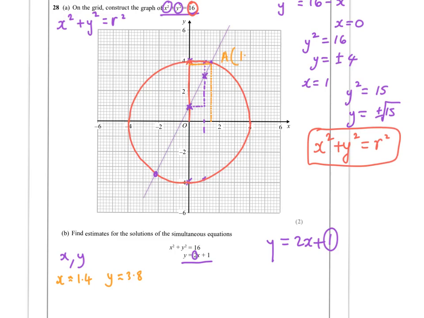So we'd have 1.4, 3.8, and then our next corresponding value of x and y will be this one here, and that looks like x is around negative 2.2, and the corresponding y value here looks like about negative 3.4.